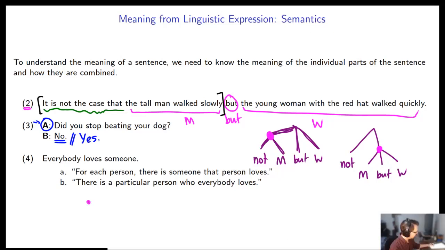There is a meaning out there where, let's say we have a bunch of people on the left and a bunch of people on the right, and we're saying for each person out there, there is someone that person loves. So everybody out there loves someone or other. So that could be one interpretation of the sentence, everybody loves someone.